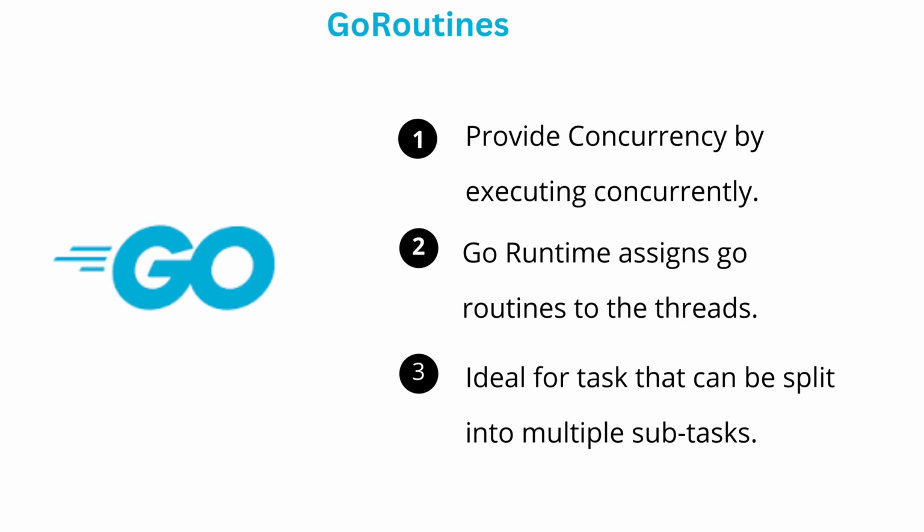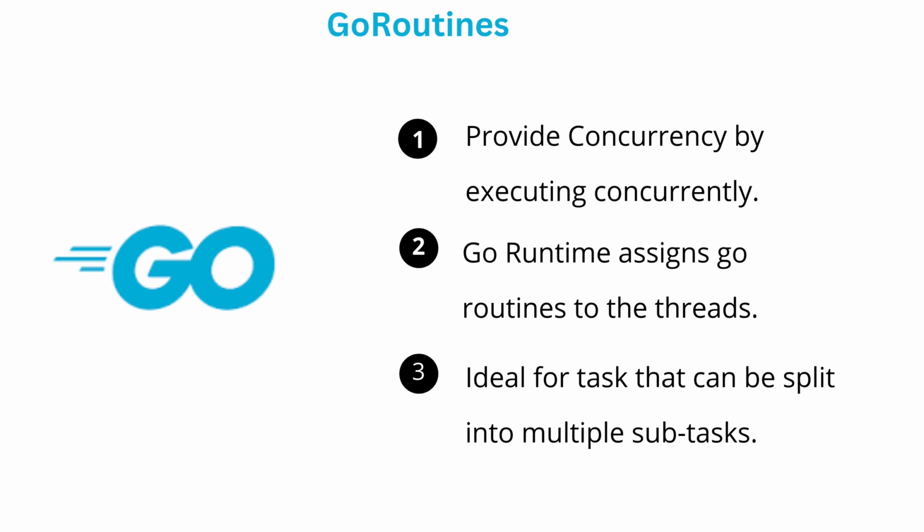As soon as we run our program, the main function is where our program starts, and that main function is itself a Go routine. When we start our program, Go runtime is going to run multiple threads underneath, and on each thread it's going to run different Go routines.